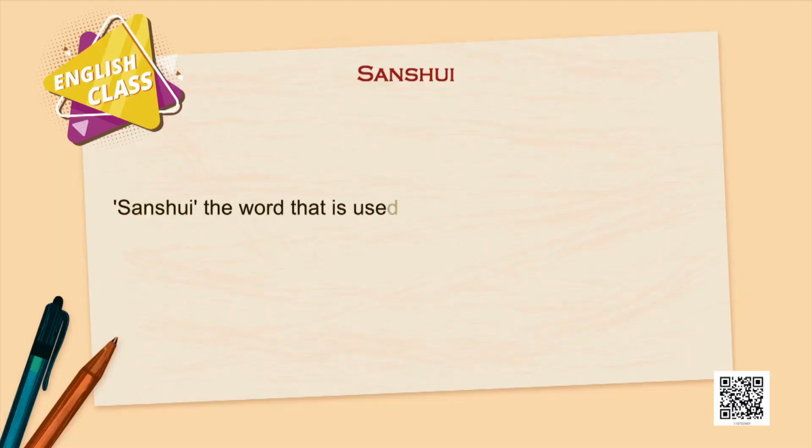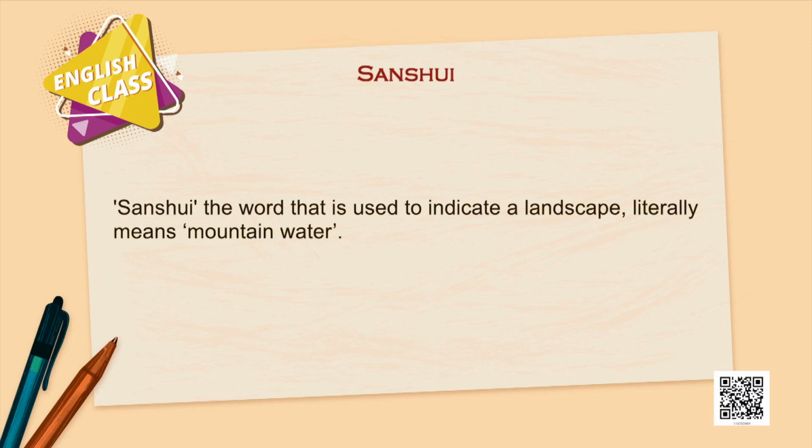The author also explains how a conceptual plane can be unlocked through landscape art. Now, here she introduces us to the concept of Shanshui, the word that is used to indicate a landscape, which means mountain, water.